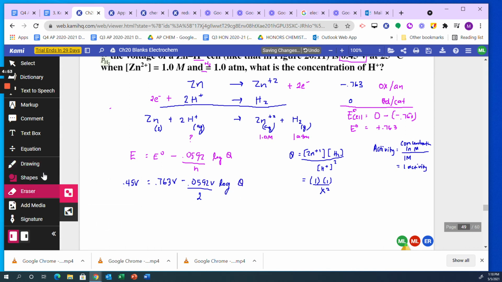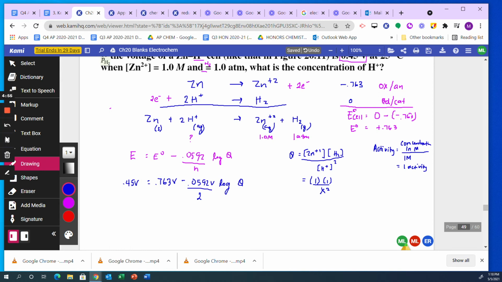Okay. So I moved this all to this side. 10.47 equals log of Q. So I'm going to go 10 to the 10.47, 10 to the log of Q cancels this. So Q is equal to 2.95 e negative 10.